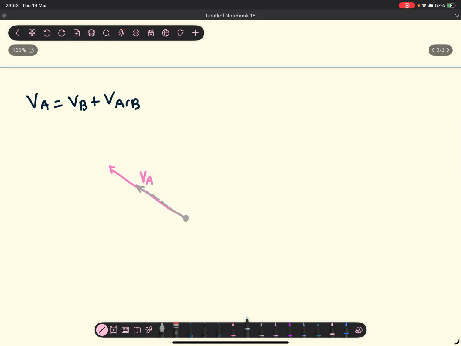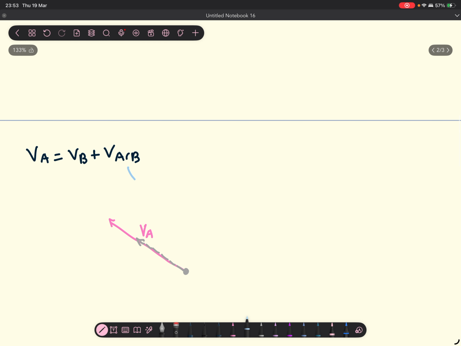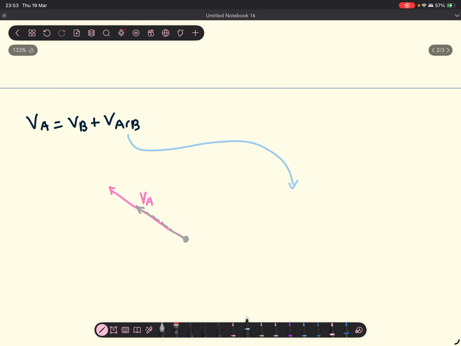But there's a rule that the relative velocity vector needs to follow. Okay, if you remember, we can break this up into omega AB crossed with RAB. And as soon as you break it down into this form, the vector that you get from this needs to be perpendicular to RAB.